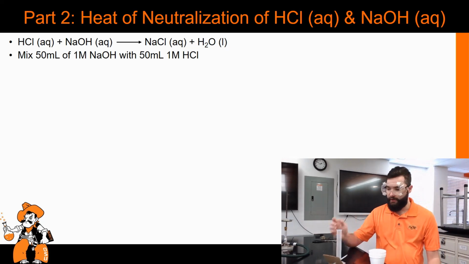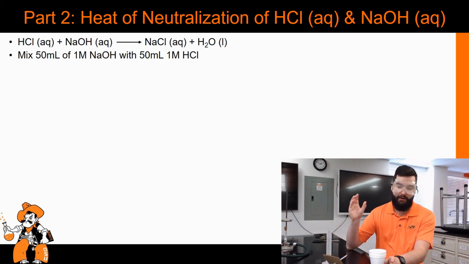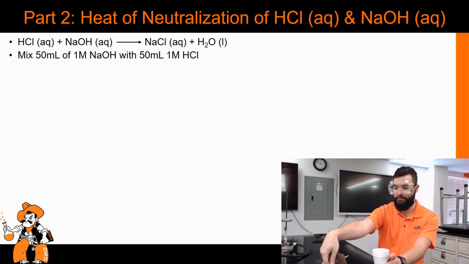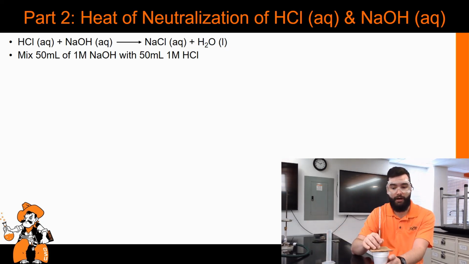Okay, so here we are back. I already have measured out and deposited 50 milliliters of 1 molar sodium hydroxide into my calorimeter. I now need to take the temperature of the sodium hydroxide.